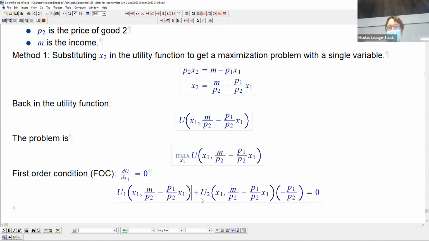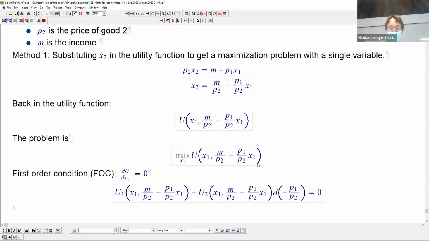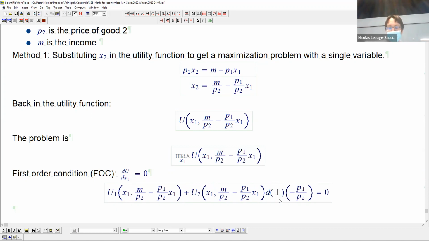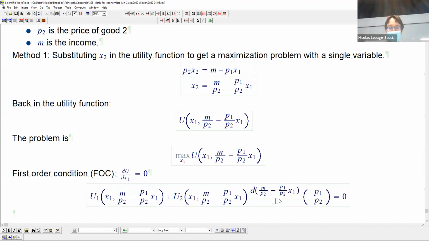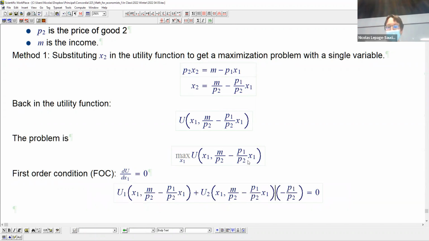And here it's the derivative of u with respect to the second argument, times the derivative inside, which is this thing with respect to x1. Right, this is what we did. And this is just minus p1 over p2. And this is equal to 0.